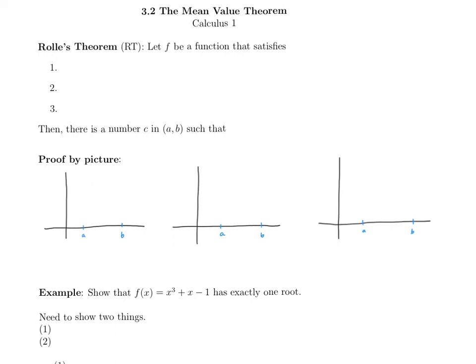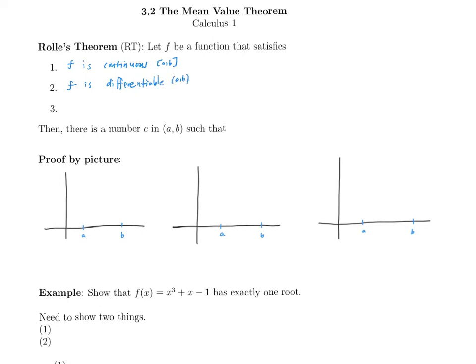So without any further ado, let me just jump into Rolle's theorem, which is our starting point. If we have a function f that satisfies three key properties, the first property is that f needs to be continuous on the closed interval from a to b. It also needs to be differentiable on the open interval from a to b.